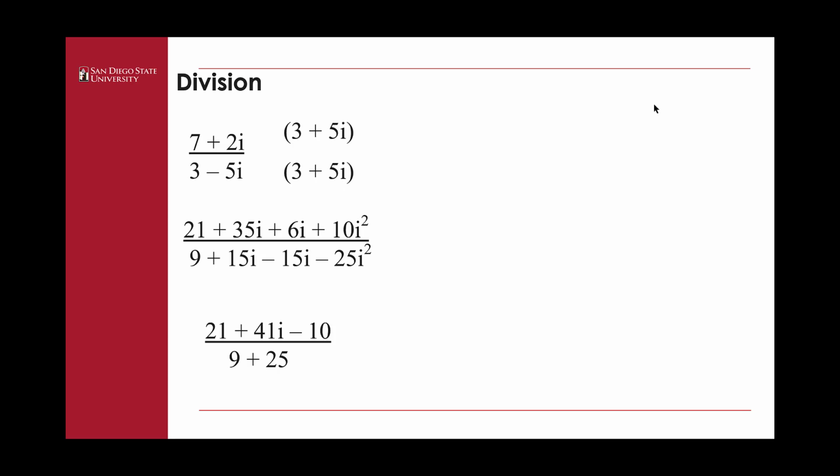And here we already know what i squared is. It is minus 1. So we will get 21 plus 41i minus 10 over 9 plus 25. And here we will get 11 plus 41i over 34.